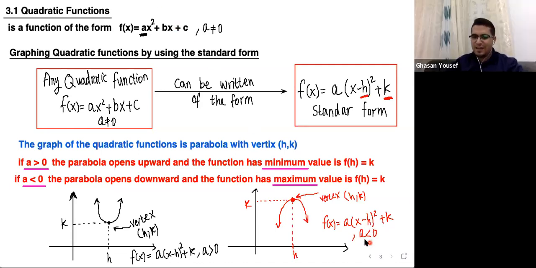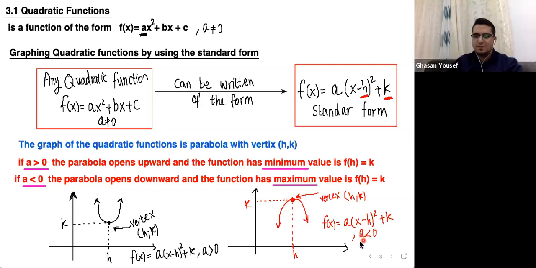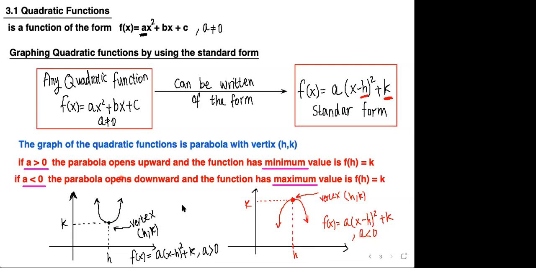Okay, so this a here, do you see this a? This is not about being above the x-axis or below the x-axis. This a just works for whether the parabola opens downward or upward. Even if it's above the x-axis, it's fine. This a is talking about the parabola opening down or opening up. Oh, that makes sense.